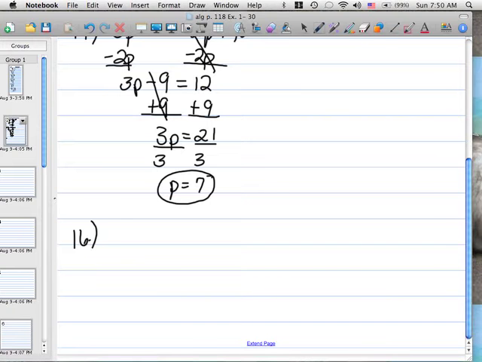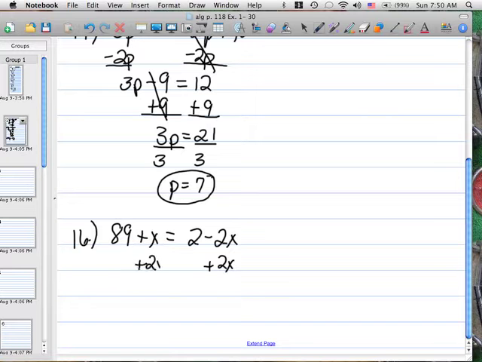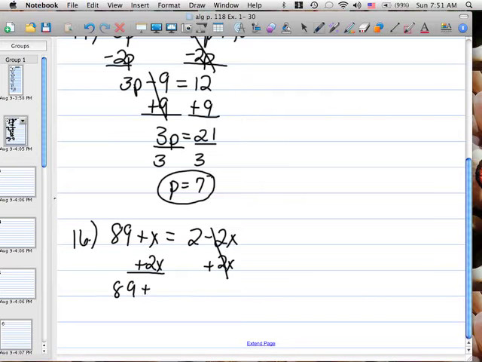16, we have 89 plus x equals 2 minus 2x. Variables are on both sides. If I want to keep the variable positive, then I would add 2x to both sides. So now I have 89 plus 3x equals 2.